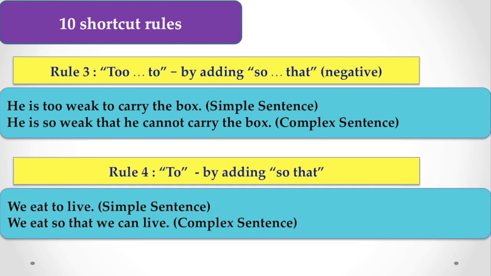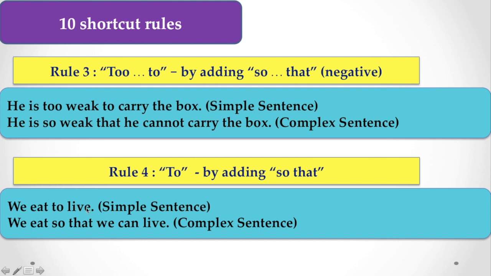Next rule for you. If in the simple sentence you find to, that is, an infinitive form is used there, then you have to add so that. So in a simple sentence where an infinitive is used, you have to use so that to make it a complex one.